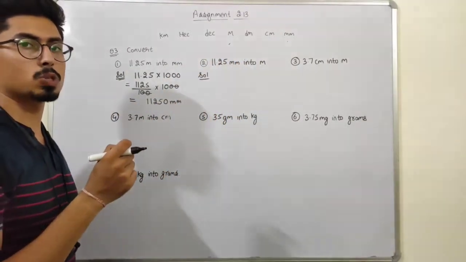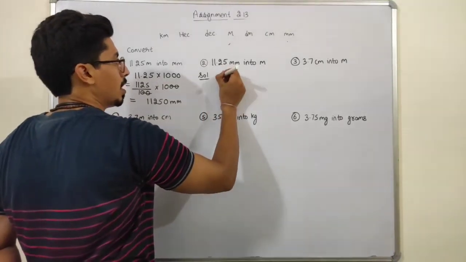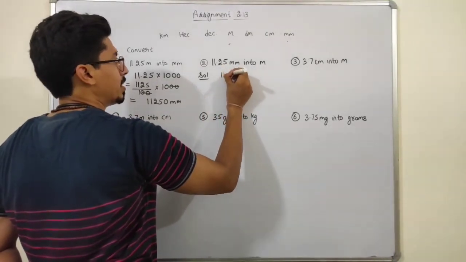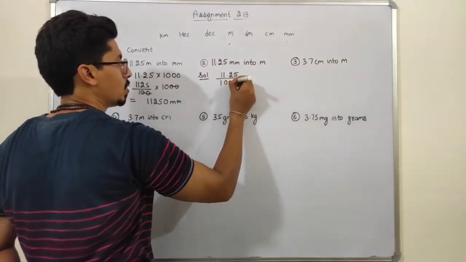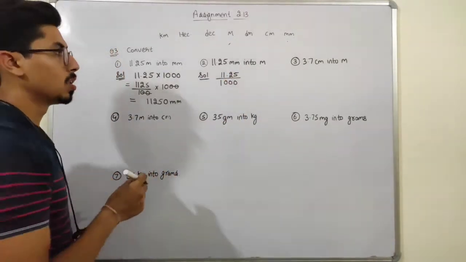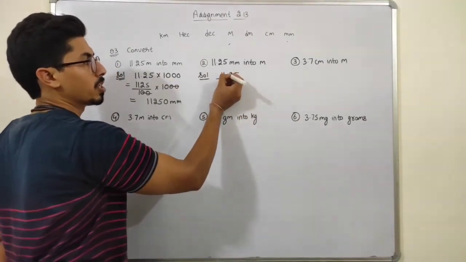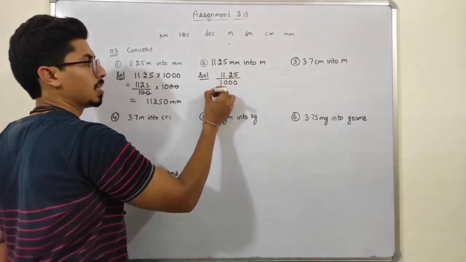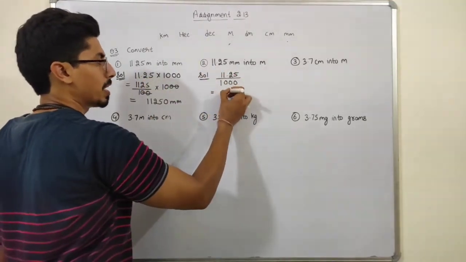So I have to divide it by 3 zeros. So 11.25 divided by 1 and extra 3 zeros. Then in denominator we have 3 zeros now, so just shift this decimal to the third digit before 11. So 1, 2, so put an extra 0.